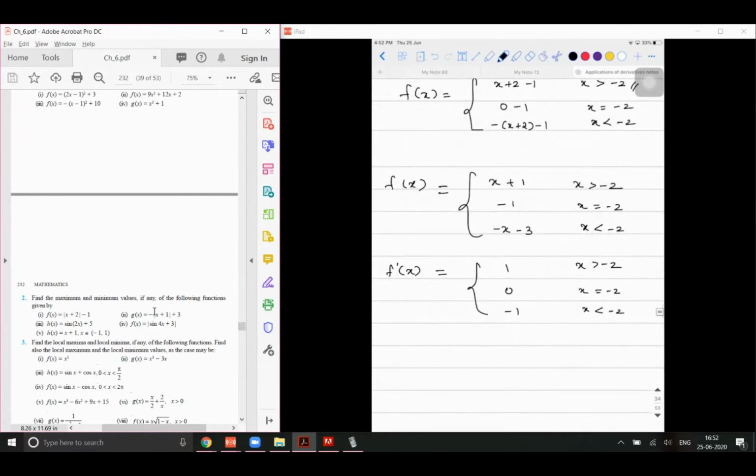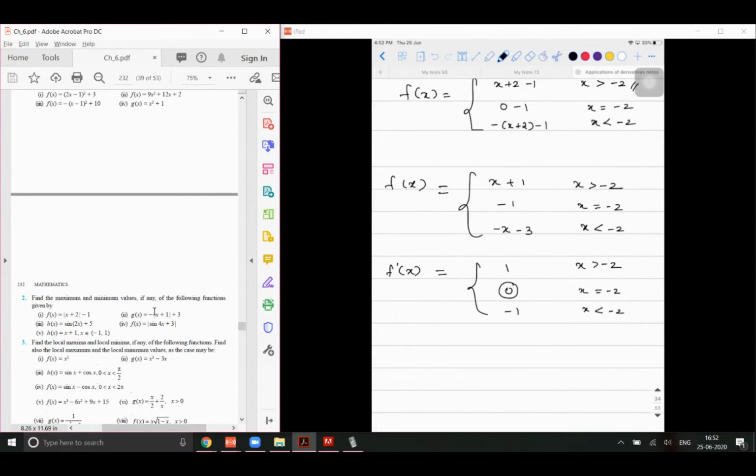What are they asking? Maximum value. So where is it possible? So f dash of x is equal to 0 only at x equal to minus 2. So what is f double dash of x? Everything is 0. Here you can't do.